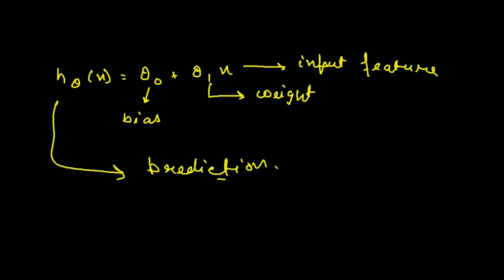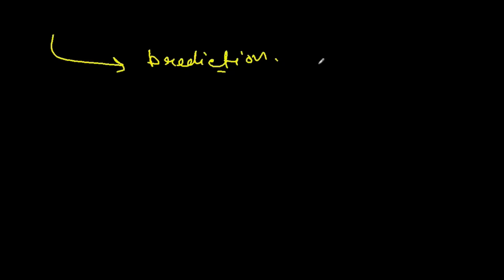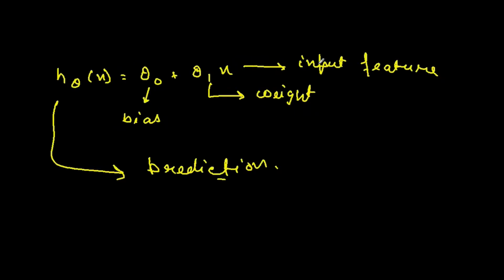Now a lot of the times the prediction is not correct or not good. So what we have to do in the case of linear regression is basically we quantify the prediction, right? So for quantifying the prediction, we use something called cost function. Before understanding cost function, we have to understand loss function. In case of loss function, we use MSE, that is mean squared error loss function, right?